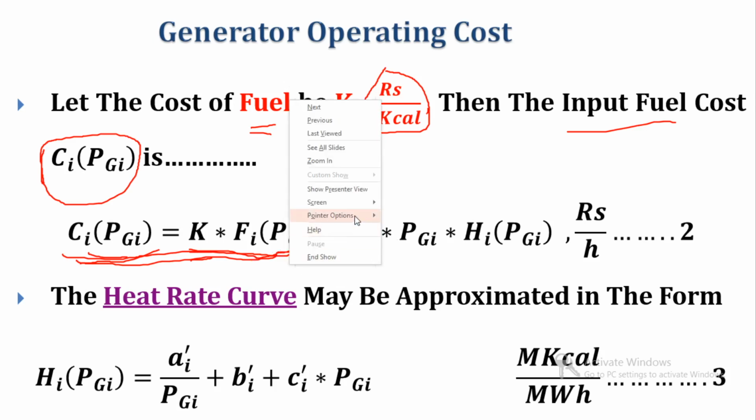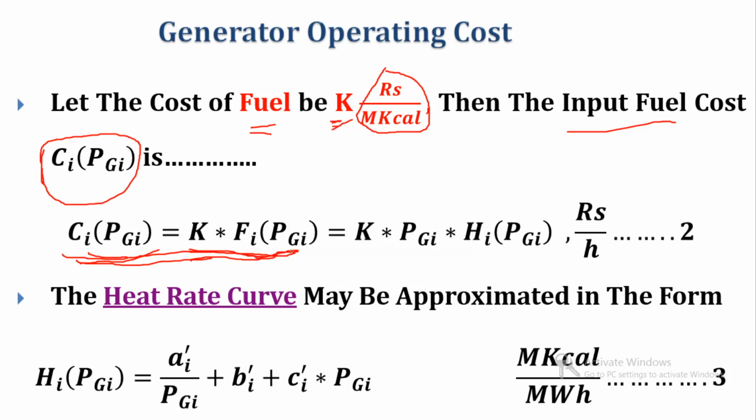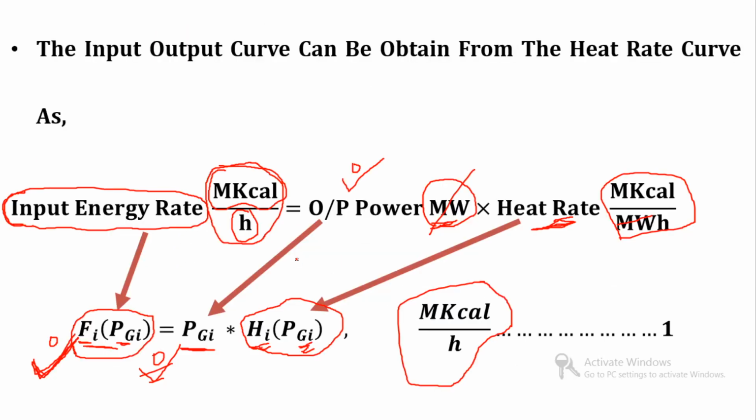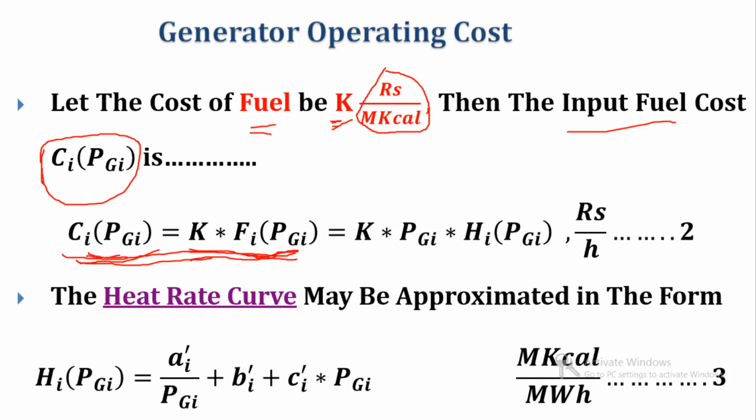So now we will put the value of Fi of Pgi over here. Fi of Pgi is given by Pgi into Hi of Pgi. So finally Ci of Pgi is equal to K into Fi of Pgi. Now I will put the value of Fi of Pgi. So the final equation of Ci becomes K into Pgi into Hi of Pgi.